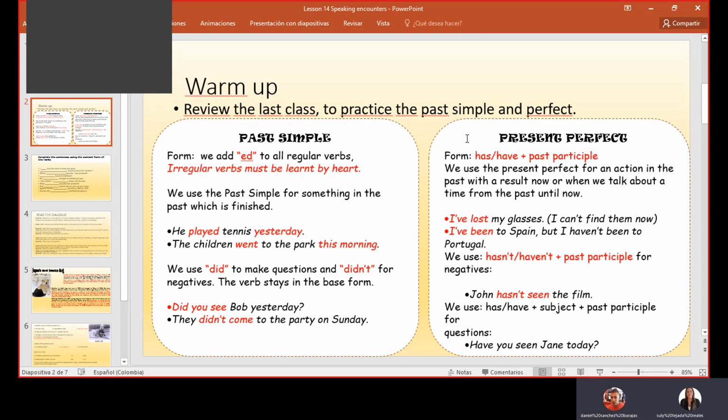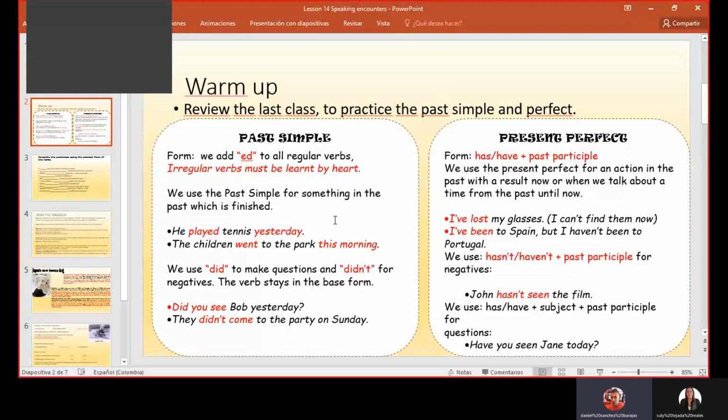Teacher, I can't see. ¿No ves la pantalla? No, teacher. Déjame ver. Pues sí la veía, sino que muy pequeña. ¿Y ahora?